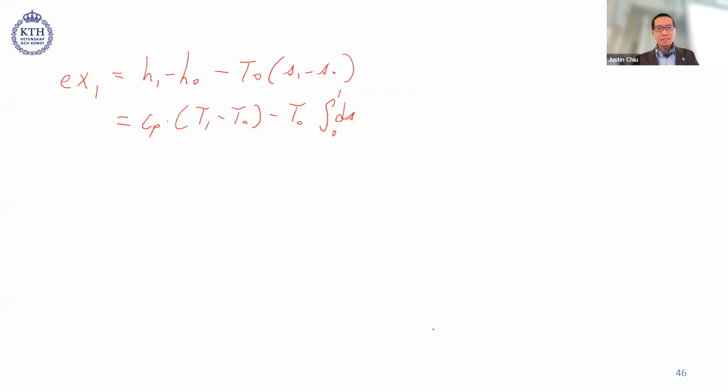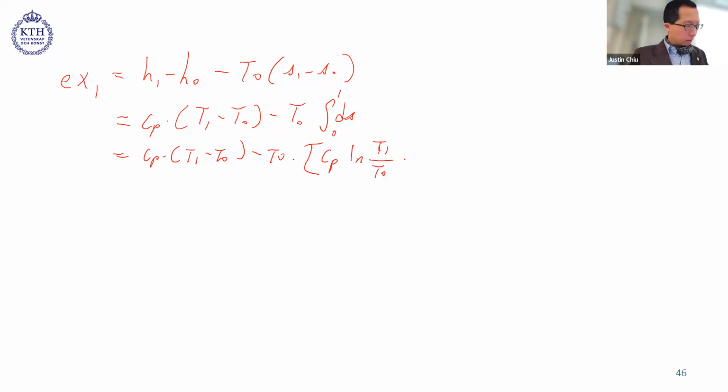We don't have to do it again. So this one would be Cp (T1 minus T0) minus T0, and then I copy and paste everything here. So Cp average log T1 over T0 minus R log P1 over P0, right? Because I go from 0 to state 1.